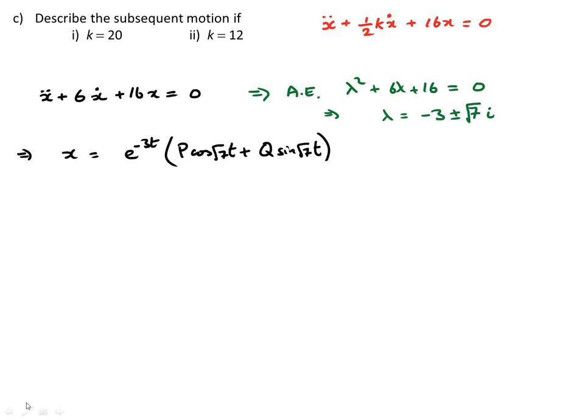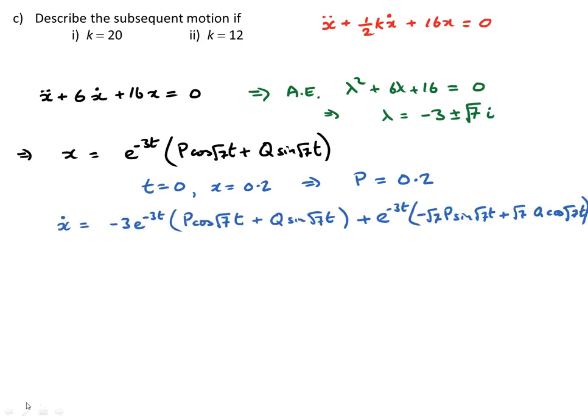Again, we need to find the values of p and q using the initial conditions. So when t equals 0, we know that x is 0.2. So that gives me p must be equal to 0.2. And if I then differentiate, I'll need to use the product rule to differentiate this time.